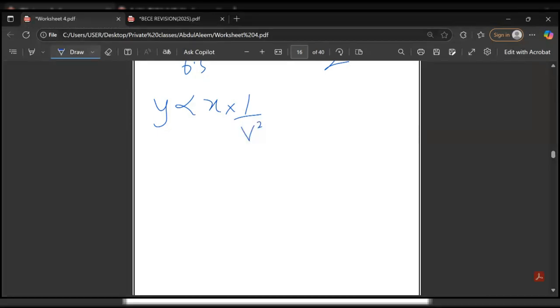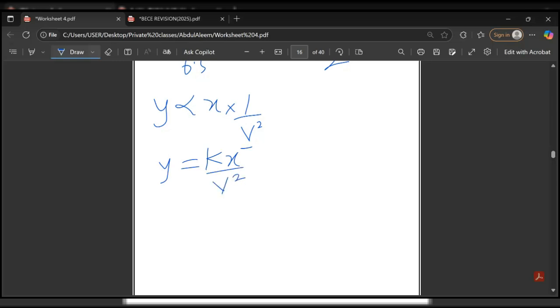And y is 4. Before we go into that, let's change this to an equation. Once you change the variation symbol to equals, you must introduce a constant, and the constant we are introducing is k. That will be y equals kx over v squared.